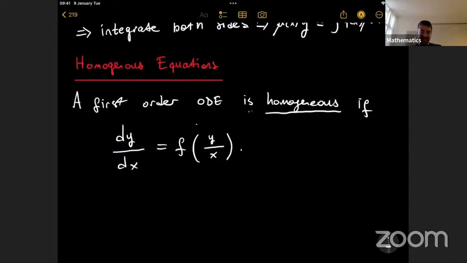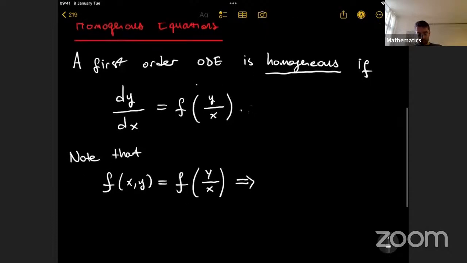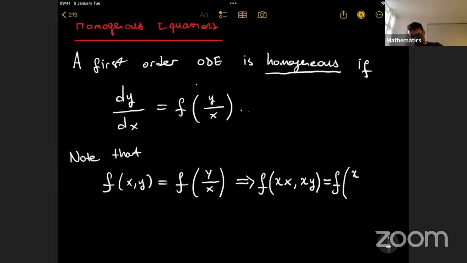How do you check whether the right hand side is homogeneous or not? The easiest way: if you have a function f(x, y) that can be written like f(y/x), where y over x is like one variable, then multiply both variables with lambda, where lambda is any constant. f(lambda x, lambda y) gives f of lambda y over lambda x.